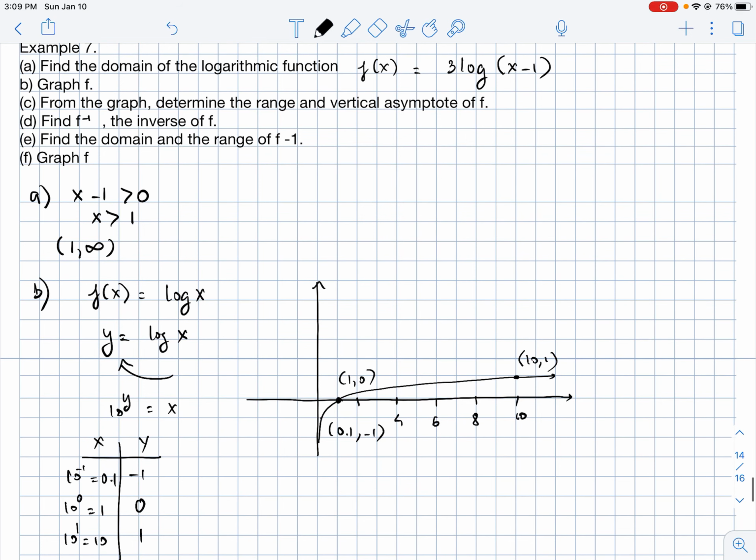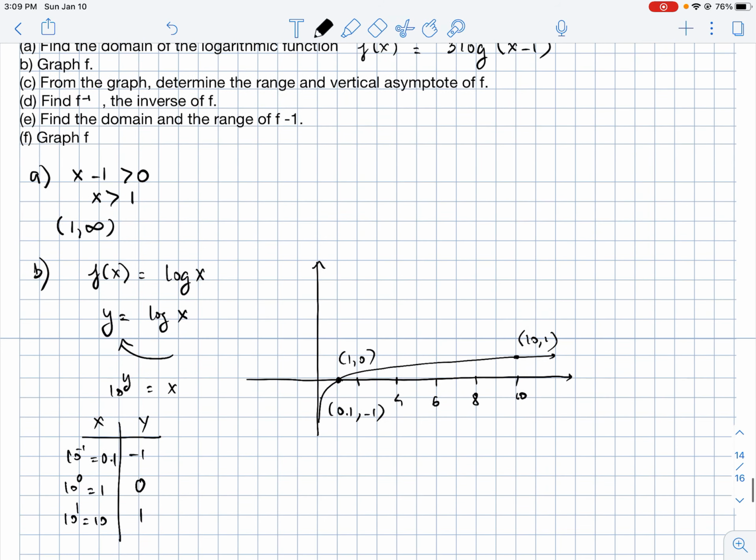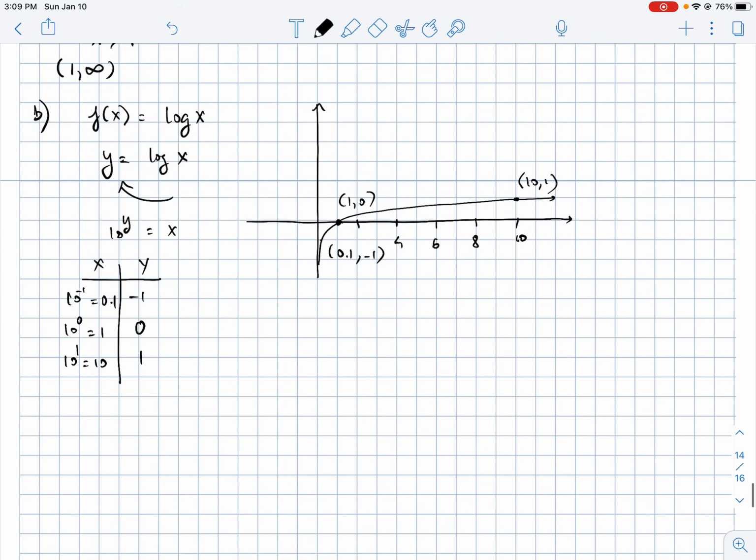Now we go back to our function. We need to move this to the right one step and multiply the y part by 3. I will do the multiply first. So we keep the x part the same: 0.1, 1, and 10. So we will have 3 times log base 10 of x. That will give us negative 3, 0, and 3.